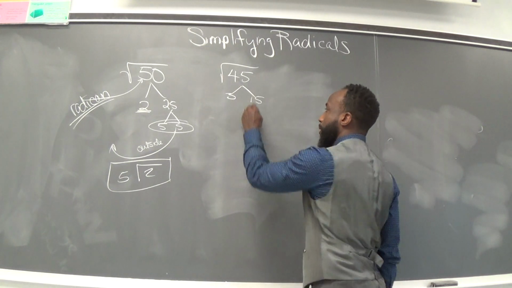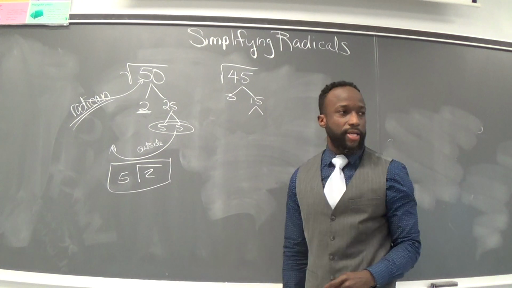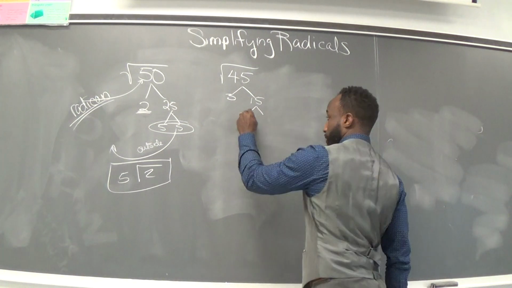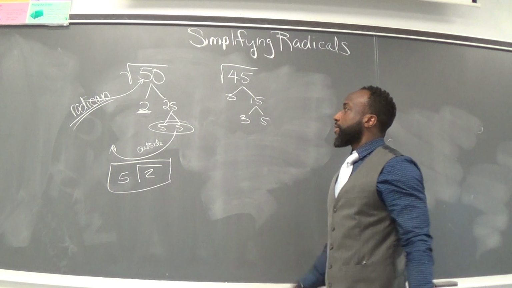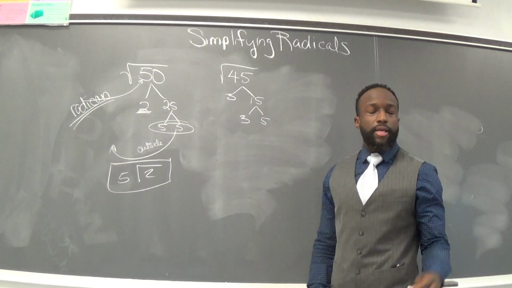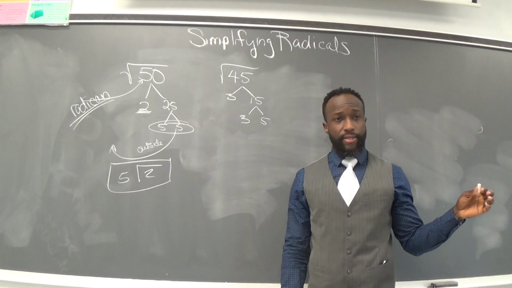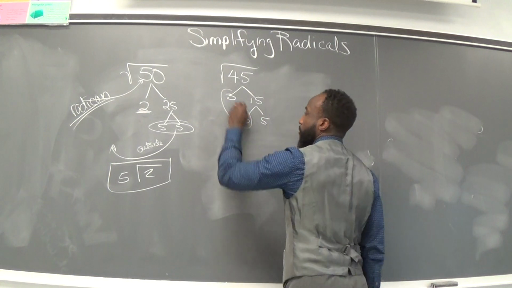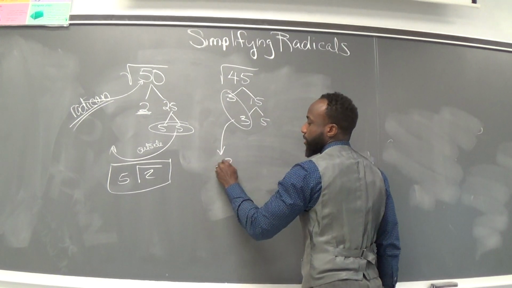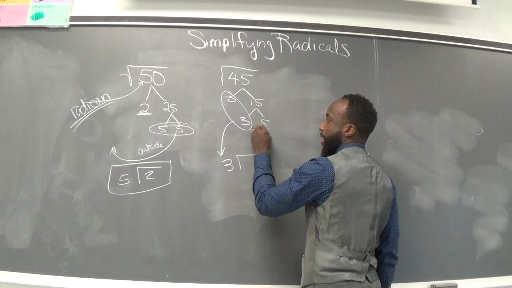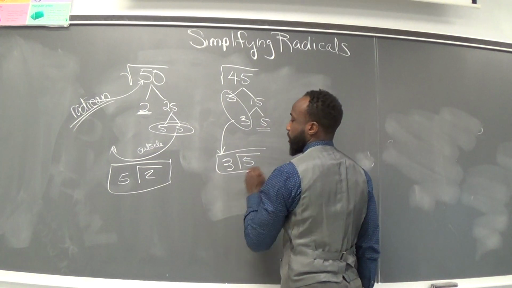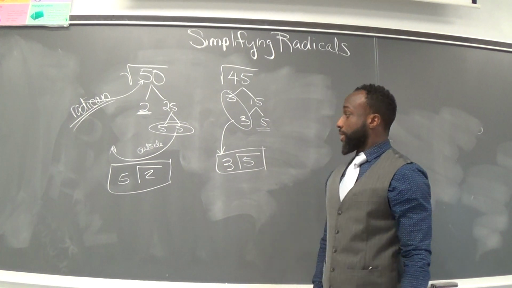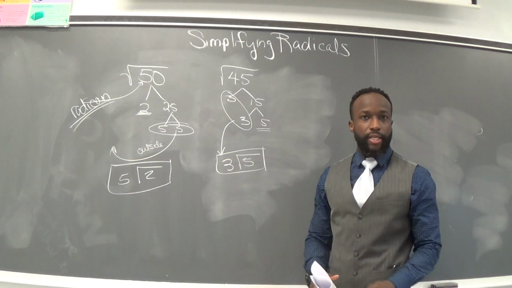All right. Then we can break down 15. 15 can be simplified to be what? 3 and 5. These are all prime numbers. Do we have any pairs here? There's a pair of 3. So they go on the outside. So 3 goes on the outside and 5 is alone. And so there we have it. We have 3 root 5 is the solution here.